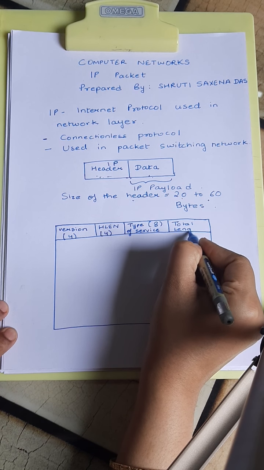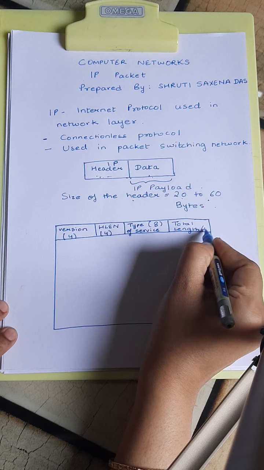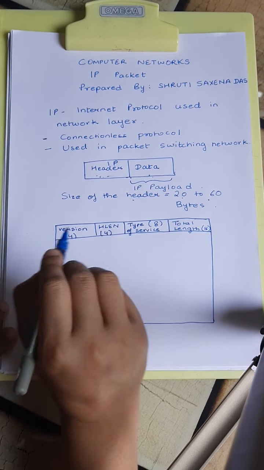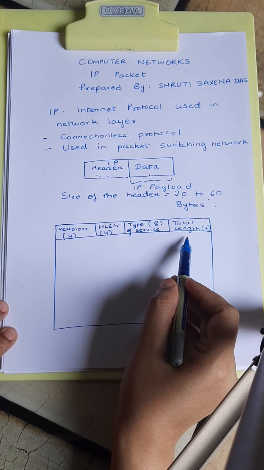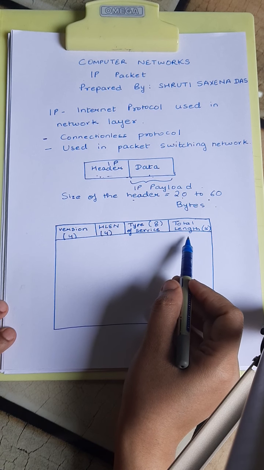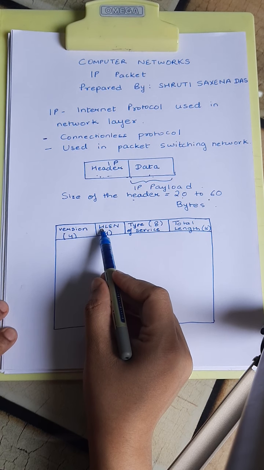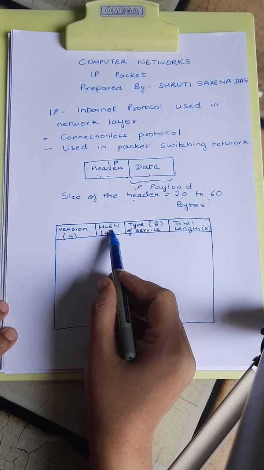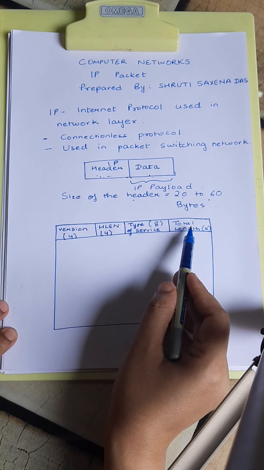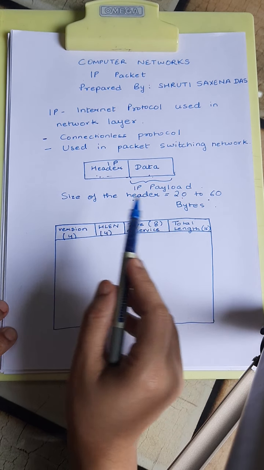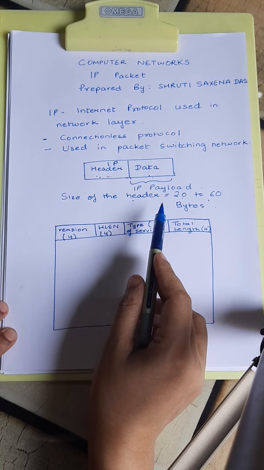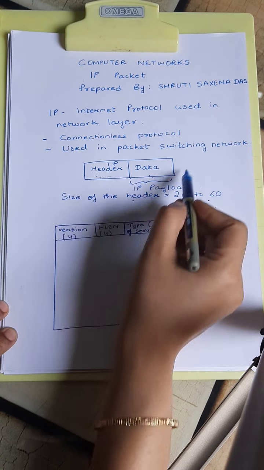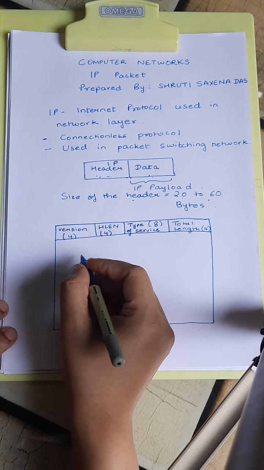This field is of 16 bits, and it contains the total length of the IP packet. HLEN contained the size of the header only, but total length means the size of header plus payload, the total length of the whole packet.